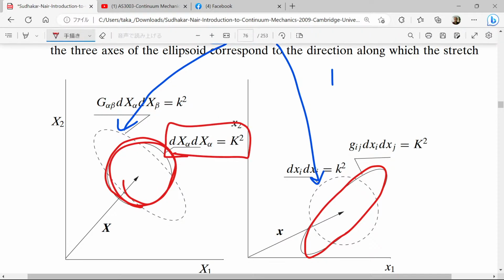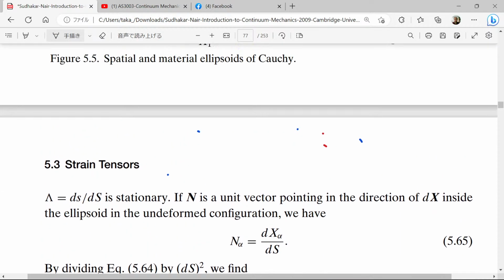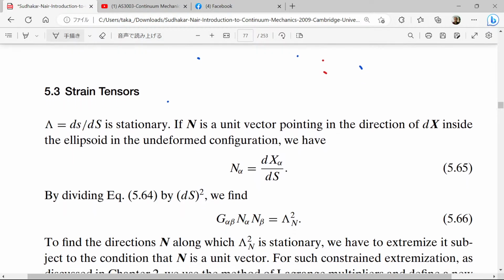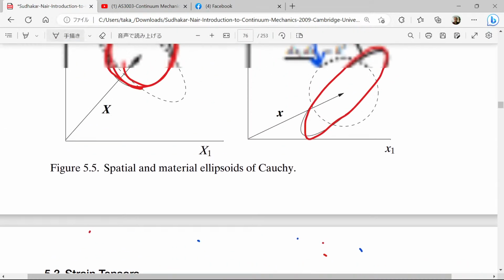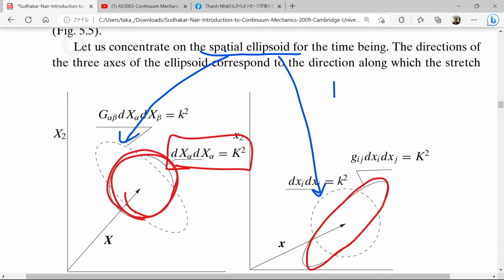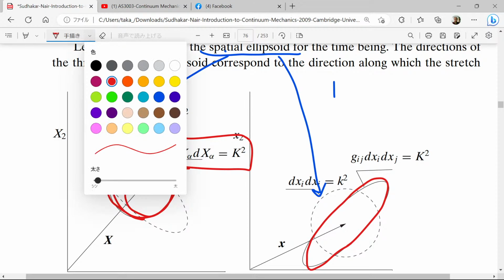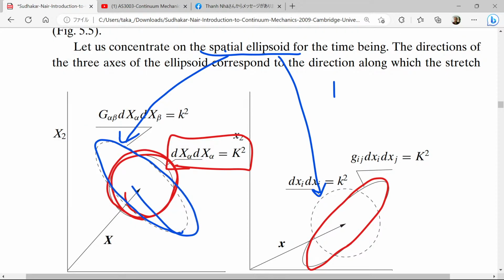But then on the next page, the book is talking about 564 and this. This is more or less, see this one, the blue one, right? So this is more like a material ellipsoid.